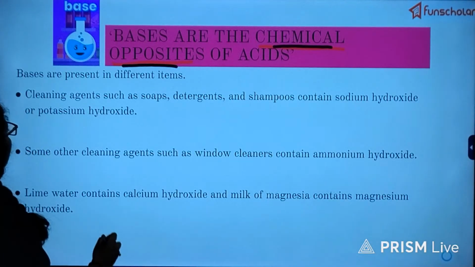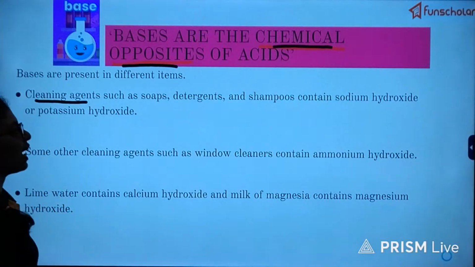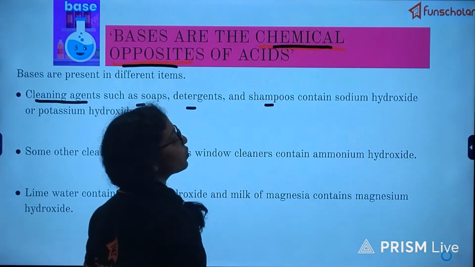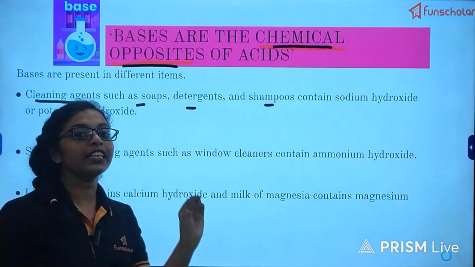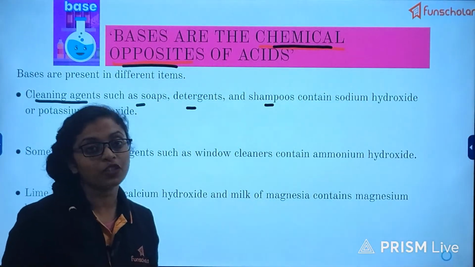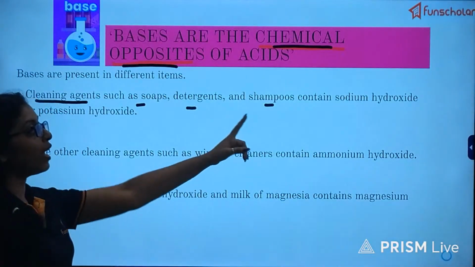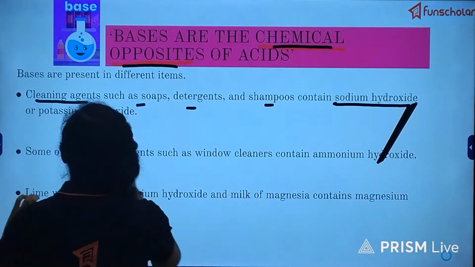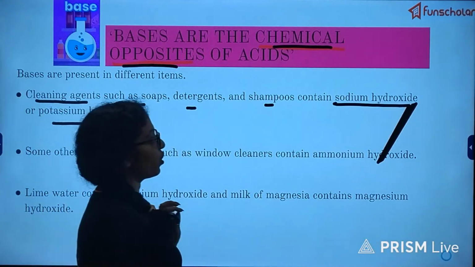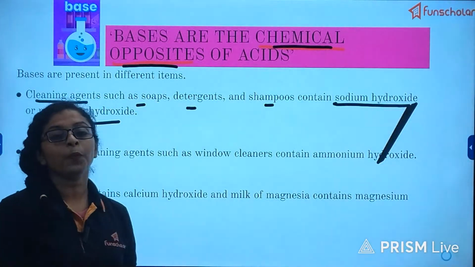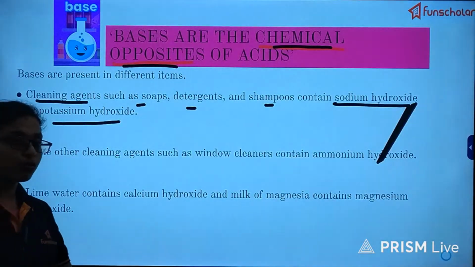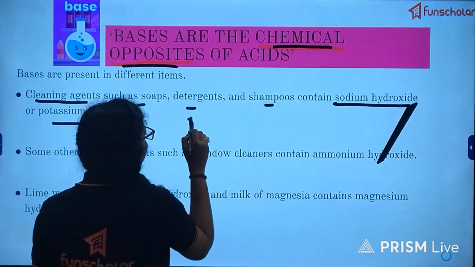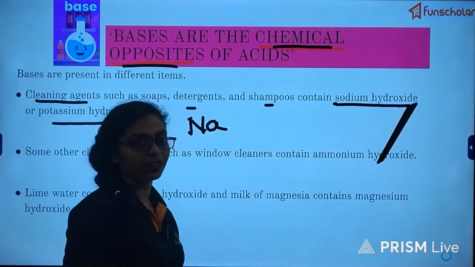I have already mentioned that mostly the cleaning agents such as soaps, detergents and shampoos contain different examples of bases. One such very important base is sodium hydroxide or potassium hydroxide. When it comes to metals, we really know the sodium one, right?